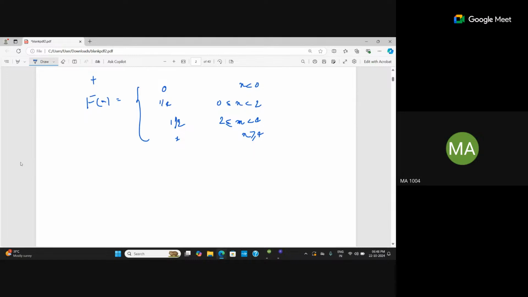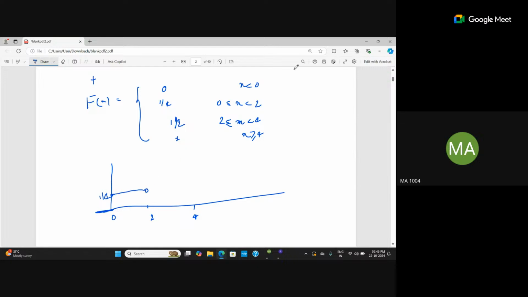Now if you plot the graph of the CDF, suppose this is 0, this is your 2, this is your 4. For x less than 0 it is 0, and when x is between 0 to 2, it is 1 by 4.